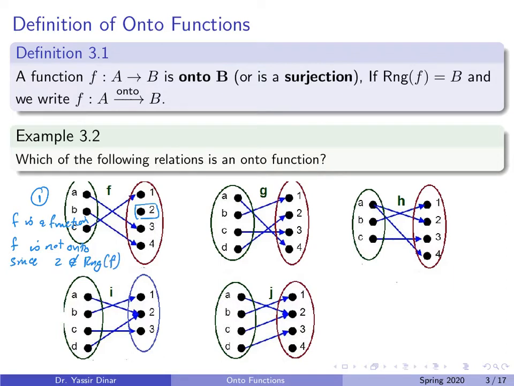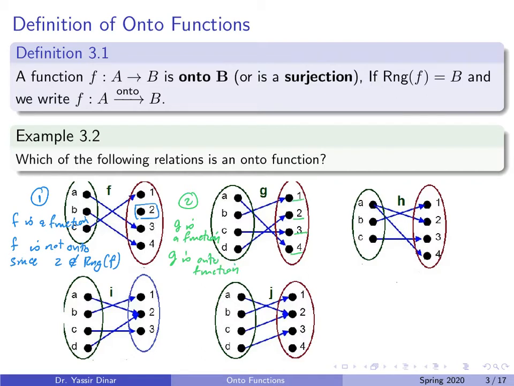For the second relation, g is a function and it is onto because all the elements here are in the range, so g is an onto function.